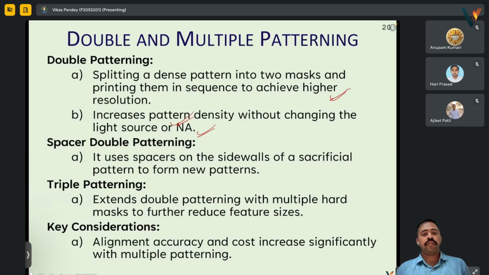Then is spacer double patterning. So what is done is that it uses some spacers on the side walls of a sacrificial pattern so that we will make a new pattern. So it is not that we are doing it double, like the whole process we are not repeating twice, but it might be that we are making some patterns like this and we are putting some sacrificial layer, some extra layer like that.